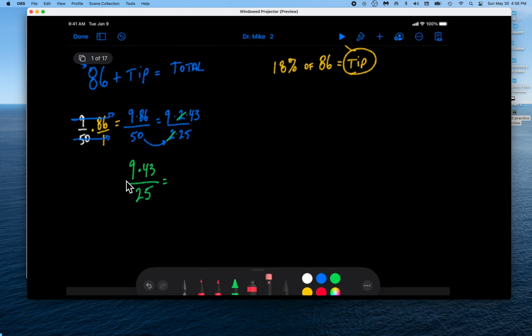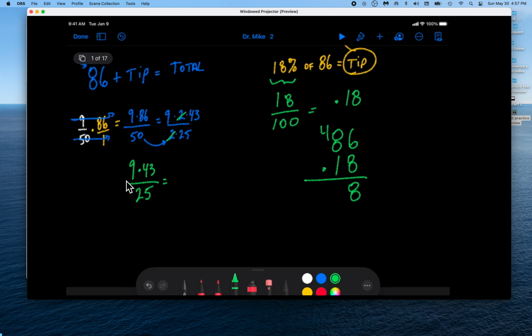Let's use decimals for this one. 18% can be written as 18 hundredths, and that's 0.18. So we're going to do 86 times 0.18. 8 times 6 is 48. 8 times 8 is 64, plus 4 is 68. Put a 0 down.